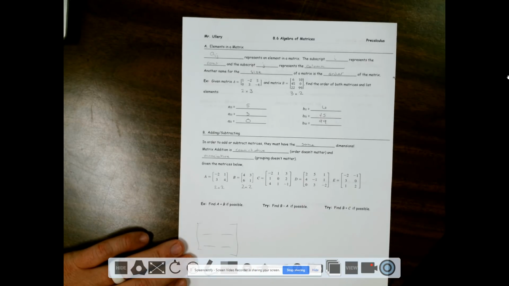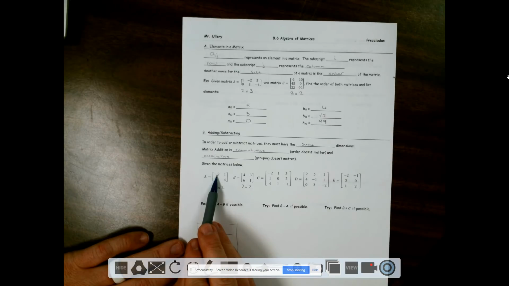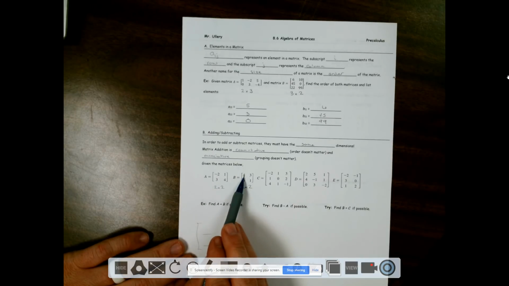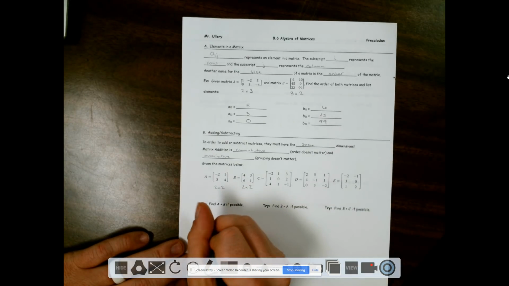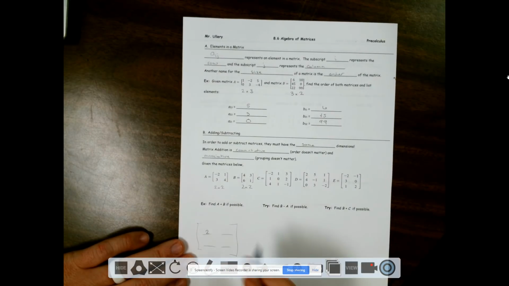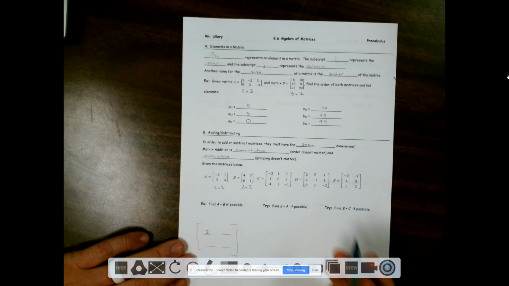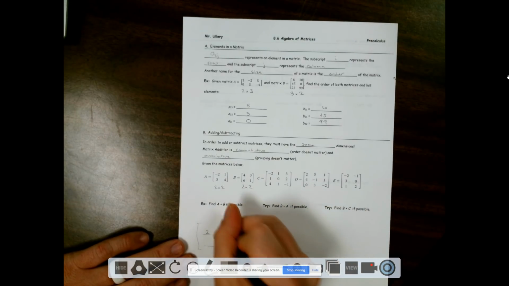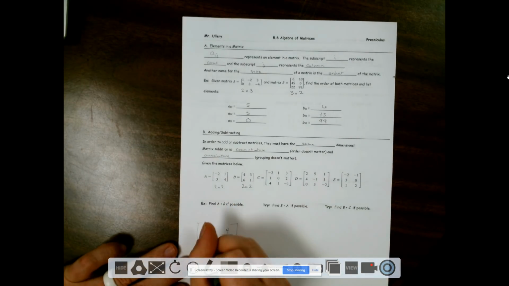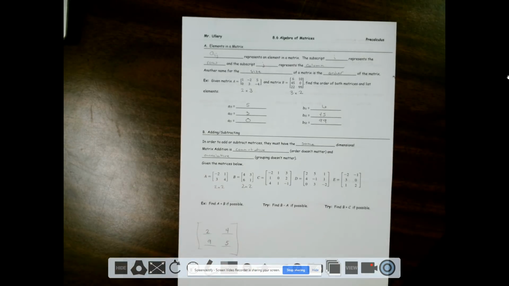Taking A sub 1,1 and adding it to B sub 1,1: negative 2 plus 4, 2. A sub 1,2 plus B sub 1,2: 1 plus 3, 4, and so on. 3 plus 6 is 9. 4 plus 1 is 5.